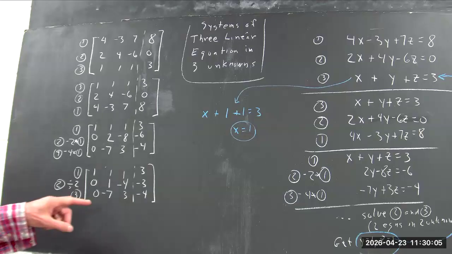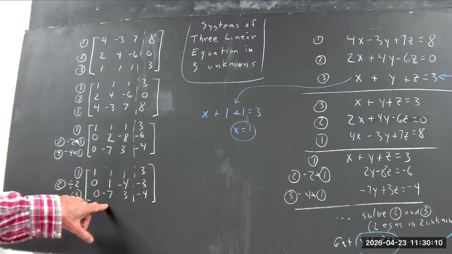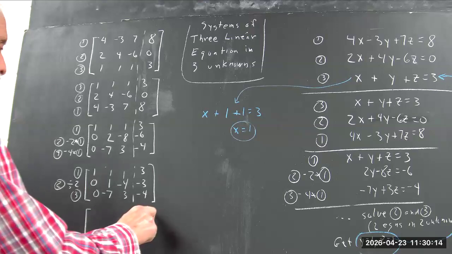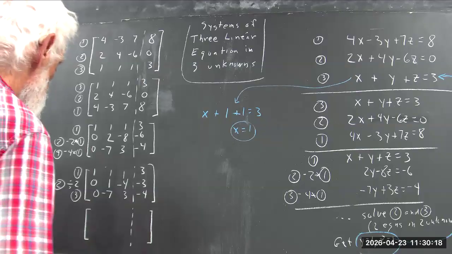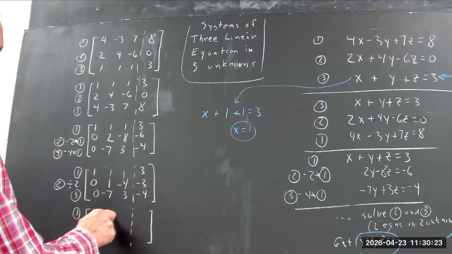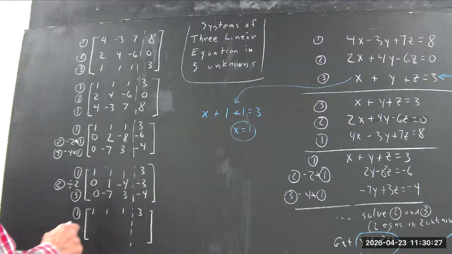Next thing I want, in my third row, I want a 0 where that -7 is. You see how that works out when I do it. Okay, so row 1 is the same as in the previous matrix, 1, 1, 1, 3.